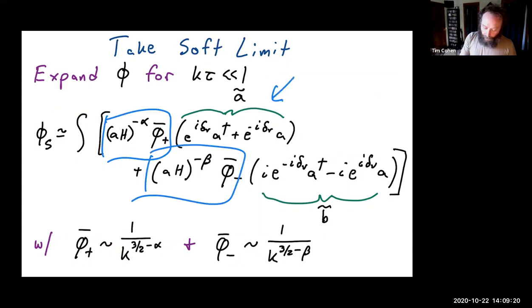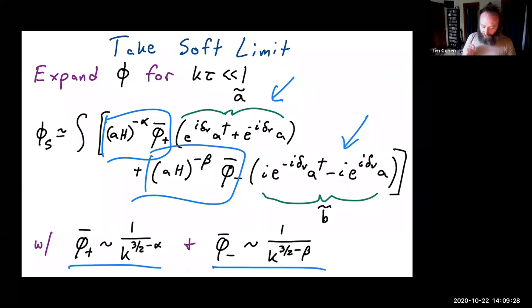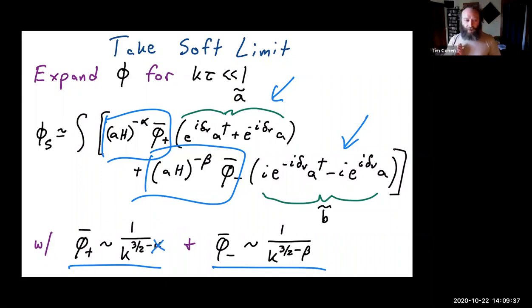There's a linear combination of a and a dagger that appears. We'll call those A tilde and B tilde. And in that expansion, these prefactors give us the classic scale invariant spectrum, at least in the massless limit when alpha goes to 0. This is literally the 1 over k cubed scale invariant spectrum you get for the 2-point function.